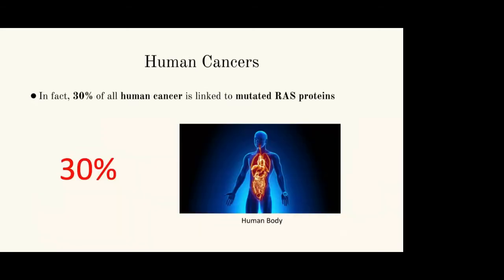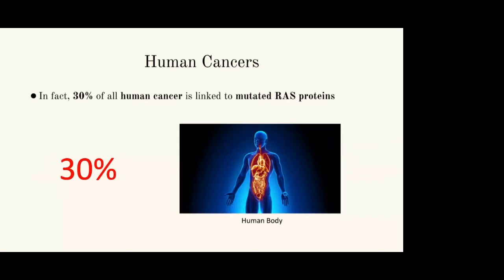But as some more background information, 30% of all human cancer is actually linked to mutations to these RAS proteins. And it's not all mutations of RAS proteins that necessarily cause cancer. There are actually some mutations that could be somewhat beneficial and leave the protein in a better structure than it was before the mutation.